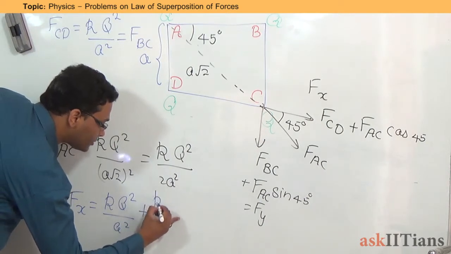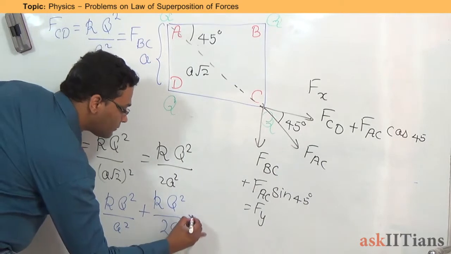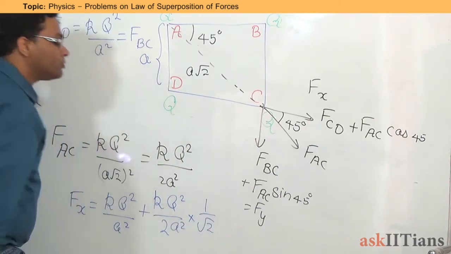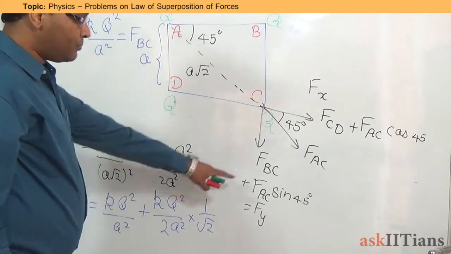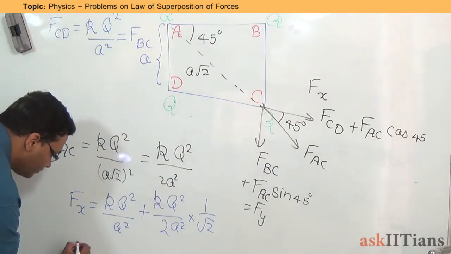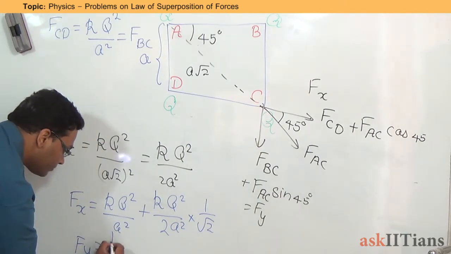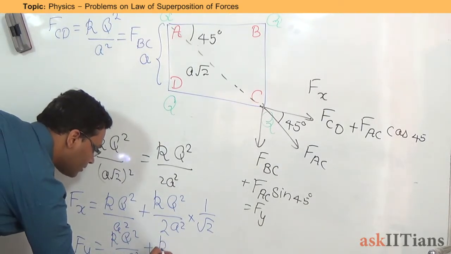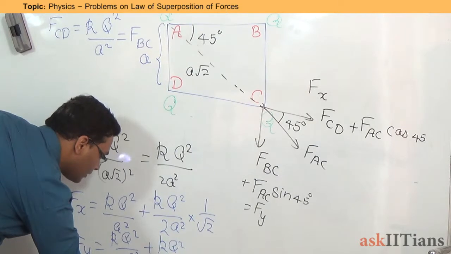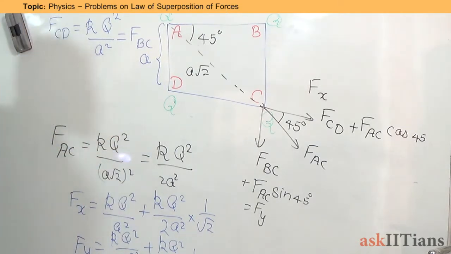So I can simply say it's going to be KQ square upon 2A square into cos 45, that is 1 over root 2. Okay? And the same value is going to be for Fy as well. That is KQ square upon A square plus KQ square upon 2 root 2 into 1 by A square. Okay? So we have Fx, we have Fy.